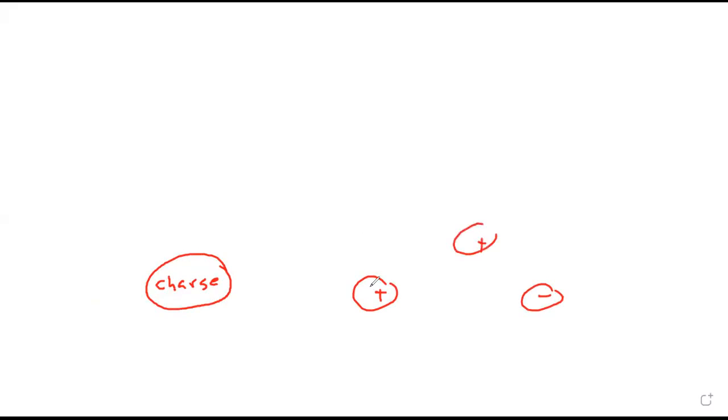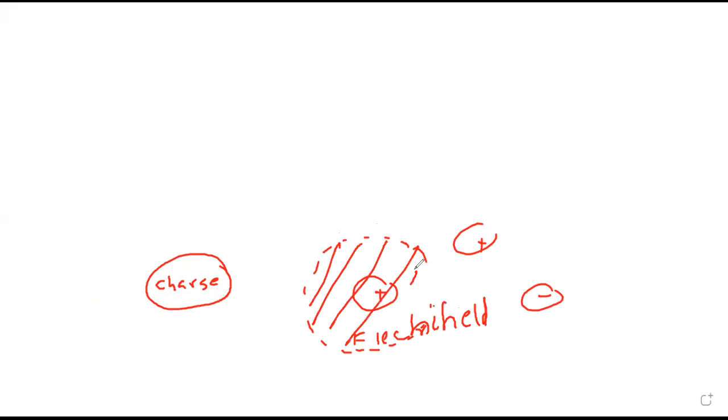See, suppose this is charge. What does it produce in the vicinity, in this surrounding? Electric field. So space surrounding charge, we know, is called electric field.